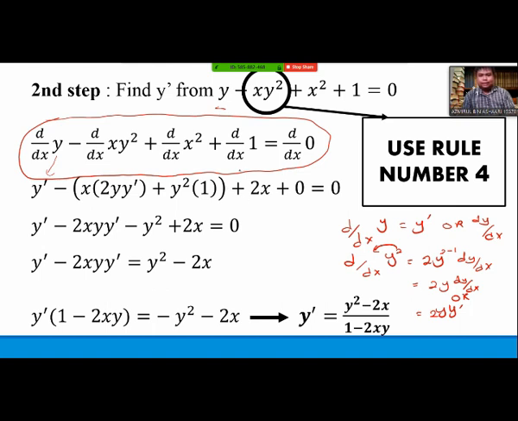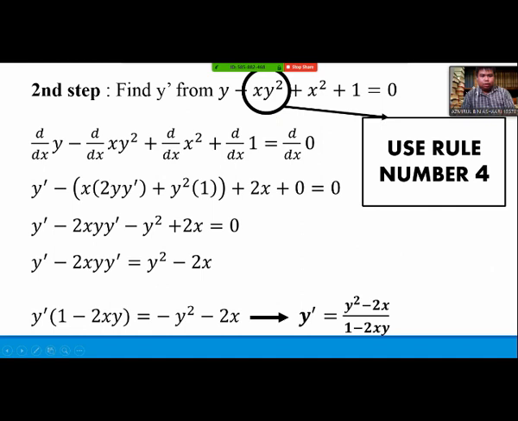Okay, in this case, you get x and y. So that's why I informed you, when there is x, y prime, you need to use rule number 4, which is the multiplication. What is rule number 4?